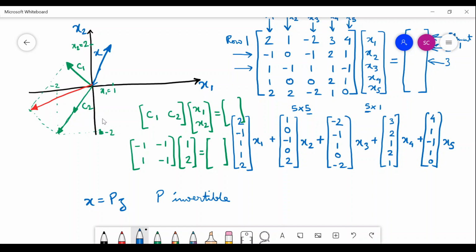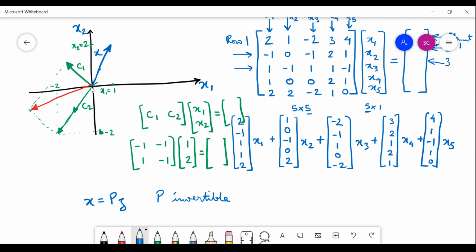The states, when you are in x1, the states were independent in the manner that they were lying on the orthogonal axes x1 and x2. The state values were lying on these two axes x1 and x2.